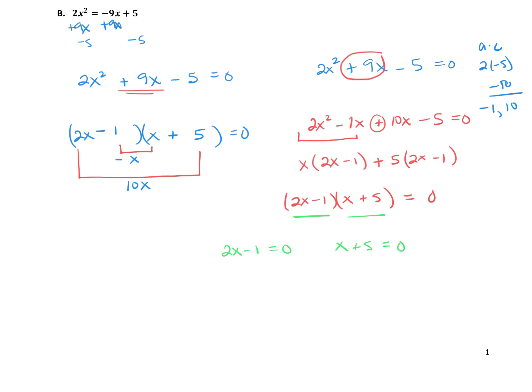And we're going to solve each of these. Here we would add 1. We get 2x equals 1. Divide by 2. x is equal to 1/2. And then on this one, all we have to do is subtract 5, and we get a negative 5 for our other solution. On a graph, these would be x-intercepts, or the zeros of the function.